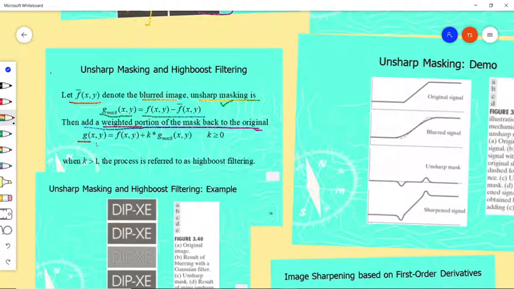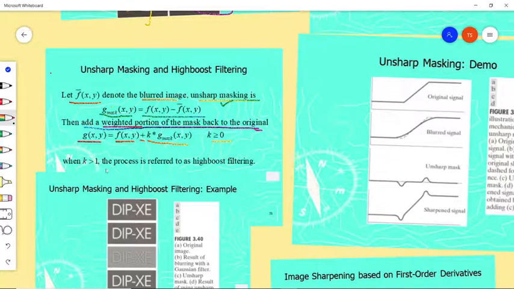So g of x comma y represents the sharpened image. It is denoted with the expression for the addition of the weighted portion of the mask: f of x comma y is added with k times g mask of x comma y. So this one is the blurred image. Here k is greater than or equal to 0 always.